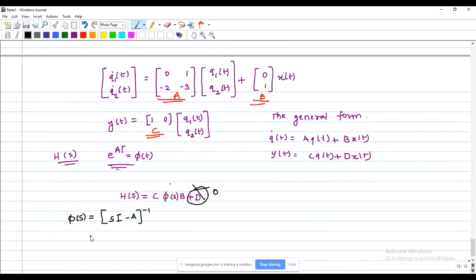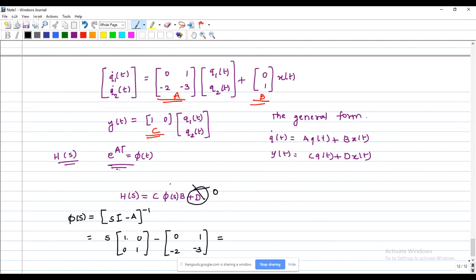Now, this is my s. Identity matrix, because it is 2 cross 2, I will have an identity matrix of 1 0 0 1, minus the A matrix. A matrix is 0, 1, minus 2, minus 3.